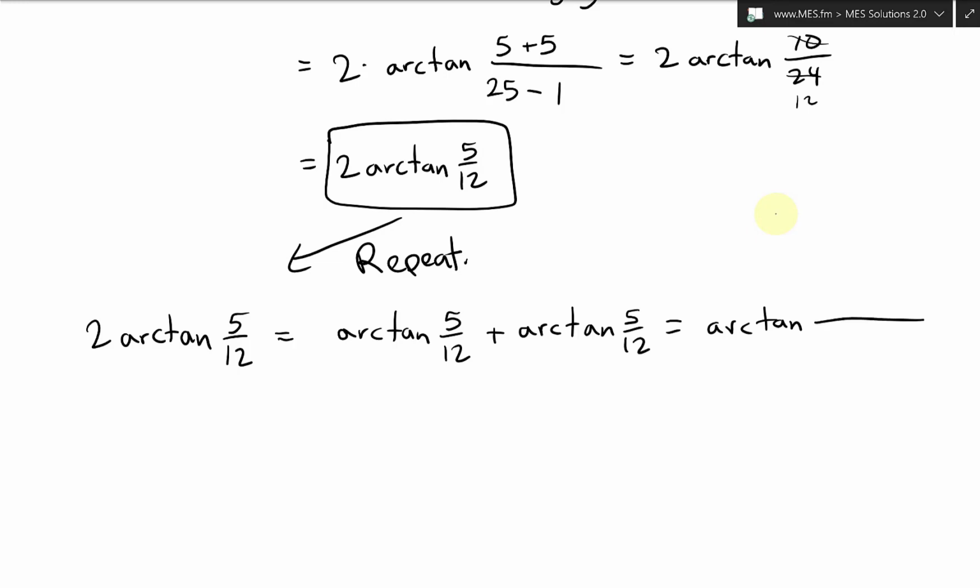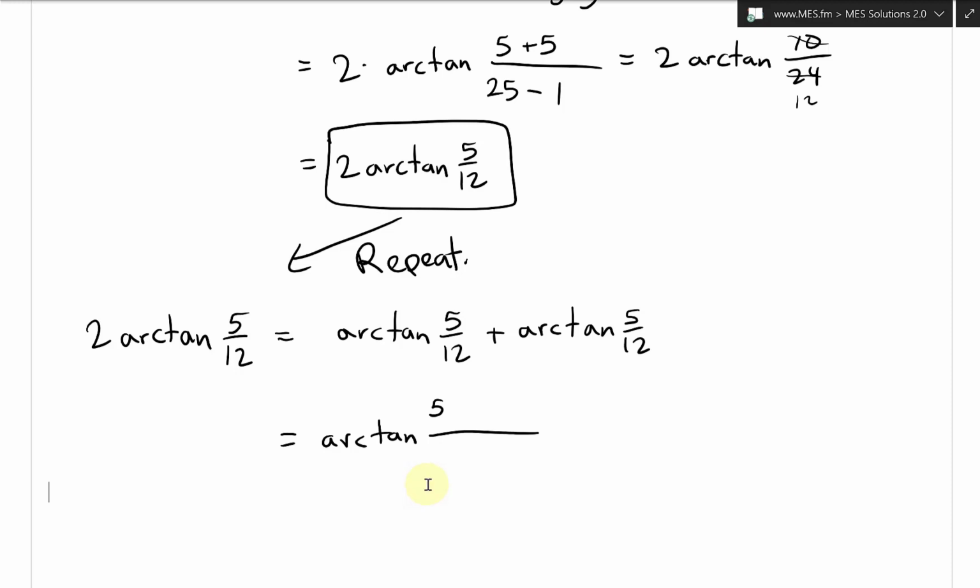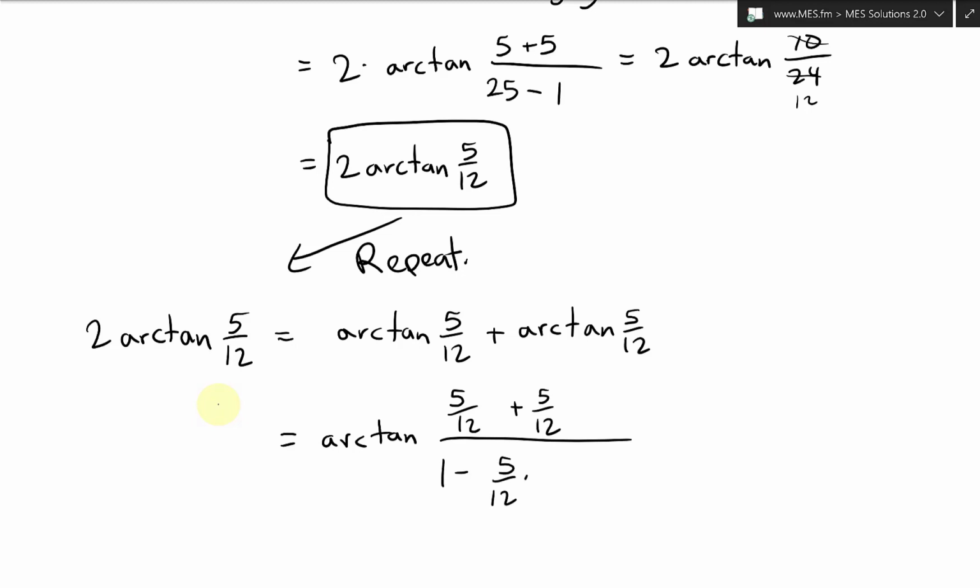So we'll have 5 over 12, or actually here I just moved it over to this bottom right here. So 5 over 12 plus 5 over 12 divided by 1 minus 5 over 12 times 5 over 12.